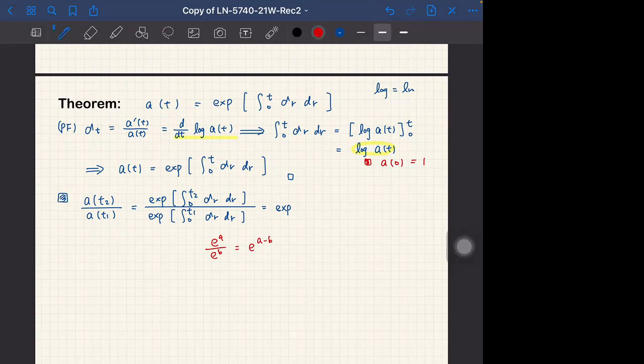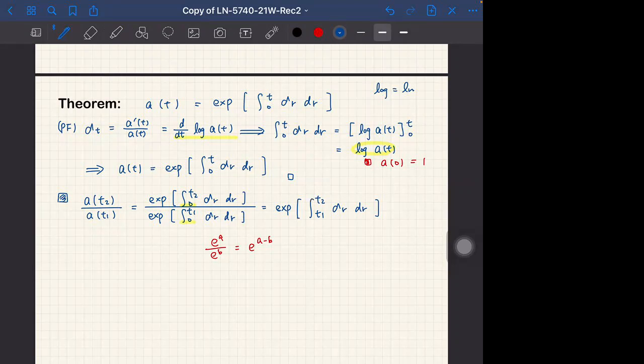So this is the exponential of the integral from 0 to t2 minus the integral from 0 to t1, but that is the integral from t1 to t2 of delta r dr.